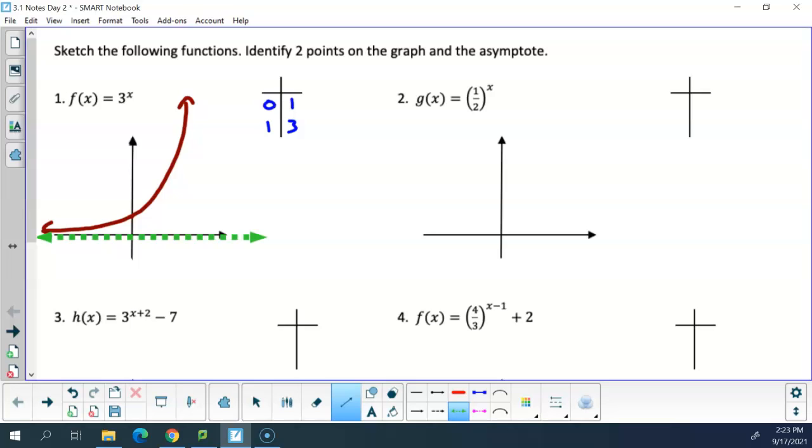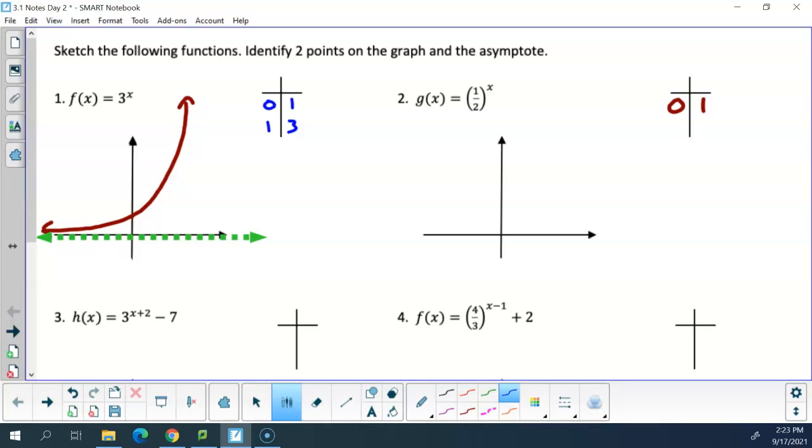Second one, growth or decay? Decay, because it's decreasing, or because b is less than 1. Okay. Once in a while I get all funky with it.